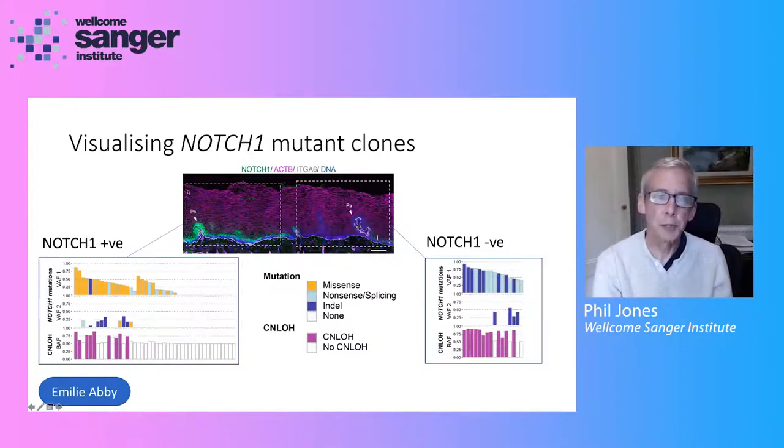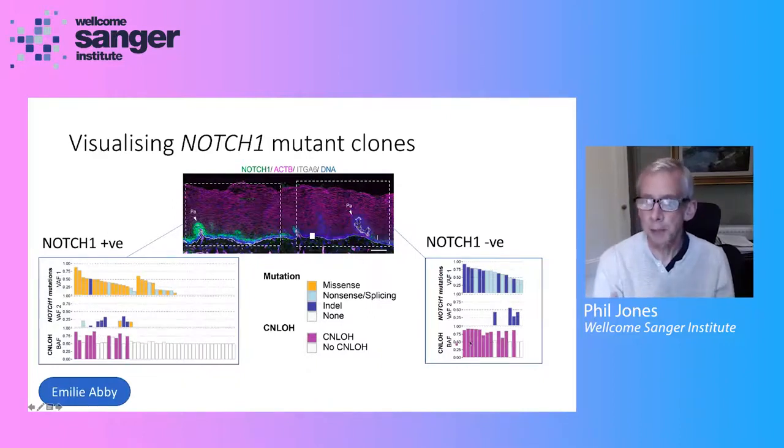Then she dissected out the positive staining areas and the negative staining areas. In the areas that lack Notch protein, it becomes very clear that there are protein disrupting mutations affecting one or both alleles, and or there's copy number alterations, copy neutral loss of heterozygosity.